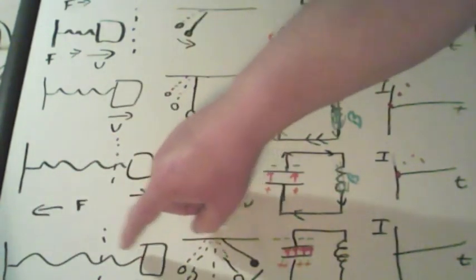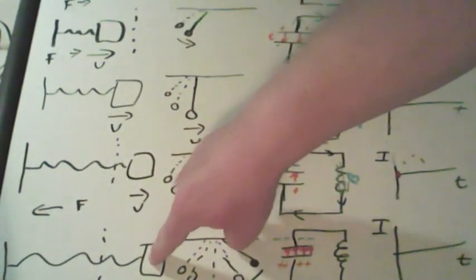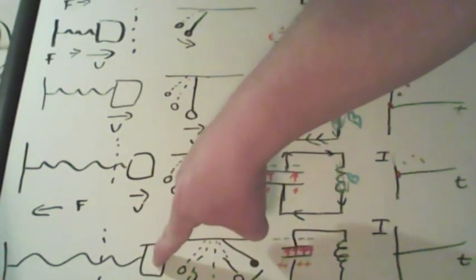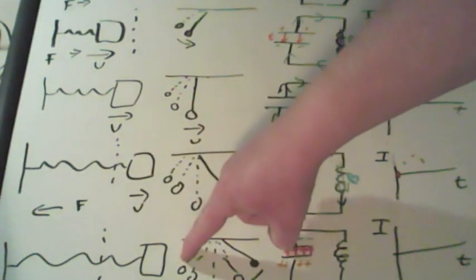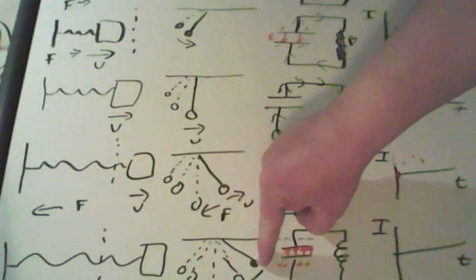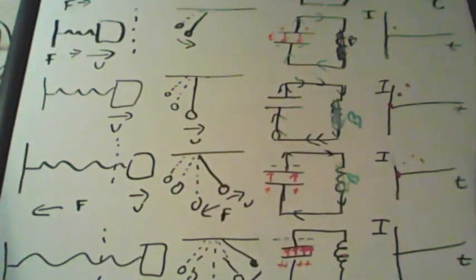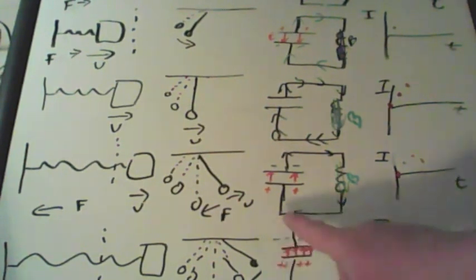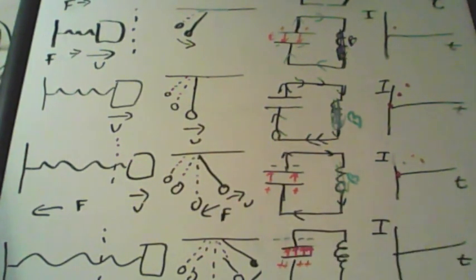In the mass on the spring, at some point the momentum will carry the mass as far as it can go, where it'll come to a stop, and the spring will begin pulling it backward. The pendulum will swing as far as it can go until it comes to a stop, and gravity begins pushing it back downward. In the RLC circuit, at some point the capacitor becomes as charged up as it possibly can.